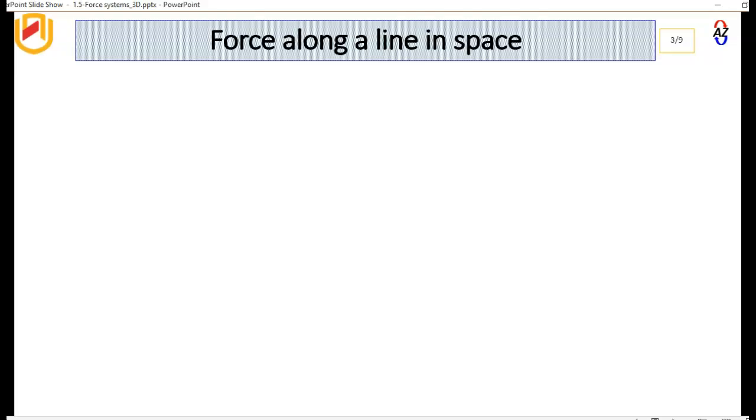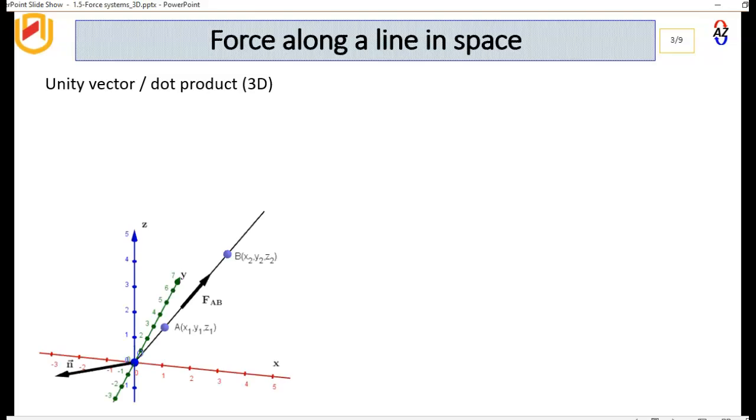So now let's look at the general force along a line in space. It will be something like this. We have a line in space defined by the two points A and B. The coordinates of A are x1, y1 and z1, and B is x2, y2 and z2, which means that the vector AB is (x2 minus x1) times i, plus (y2 minus y1) times j, plus (z2 minus z1) times k.